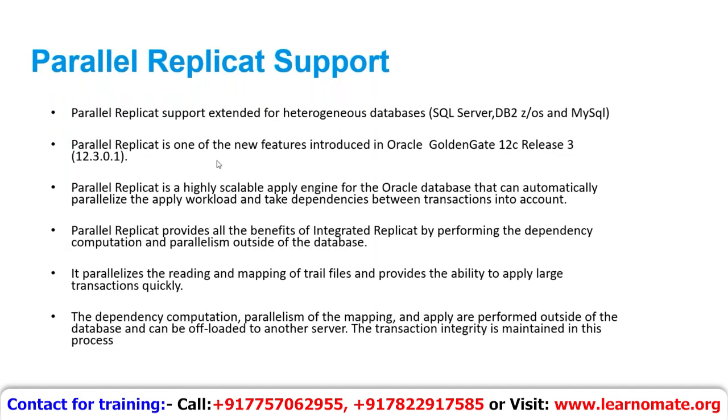It is almost 5 times faster than the conventional replicate. The dependency computation, parallelism of the mapping and apply are performed outside of the database and can be offloaded to another server. Transaction integrity is always maintained in this process.